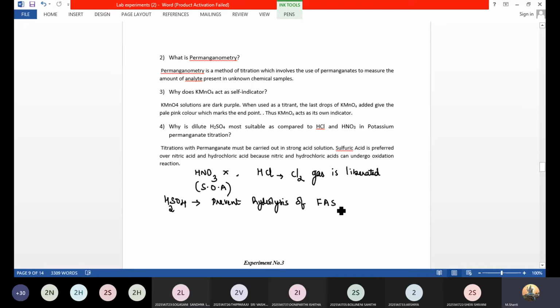Otherwise, FAS gets converted to Fe(OH)2. This is the hydrolysis reaction. So to avoid the hydrolysis of the ferrous salt, we add dilute H2SO4.